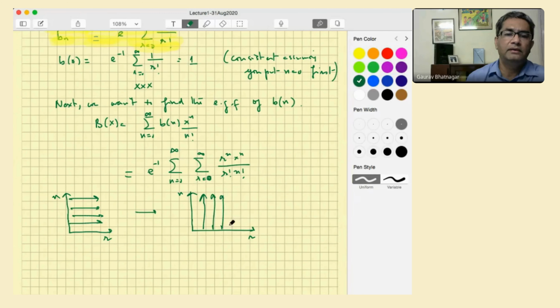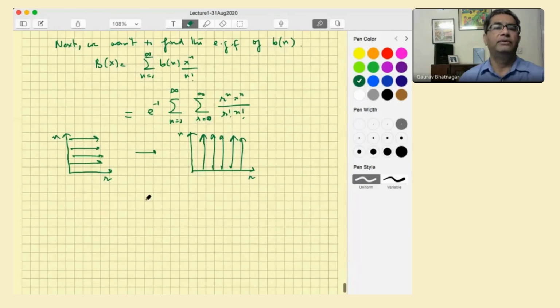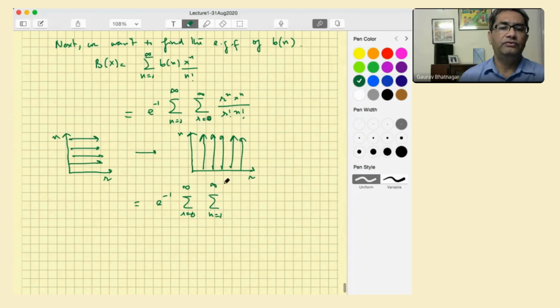So what this means is that r is going from 0 to infinity first, and then n is going left to right. So this becomes e raised to the power minus 1, r going from 0 to infinity, n going from 0 to infinity.